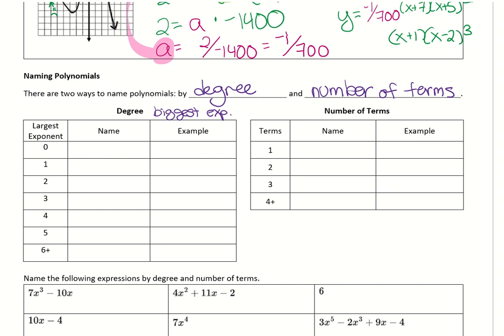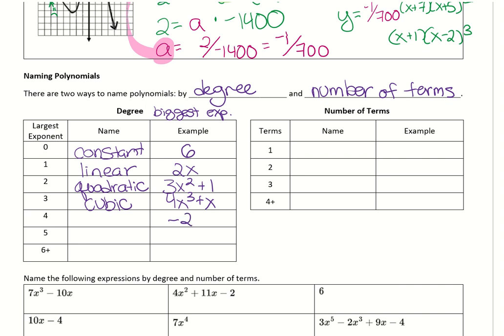If something has an exponent of 0, so for example 6, there's no exponent, there's no variable to plug anything in, it's called a constant. It won't change. If something is to the first power like 2x, it's called linear. If something is to the second power, 3x squared plus 1, for example, it's called quadratic. If something is to the third power, like 4x cubed plus x, we call it cubic.